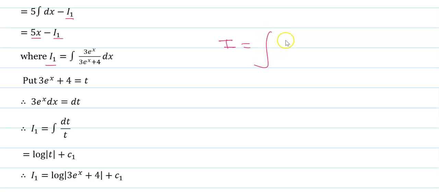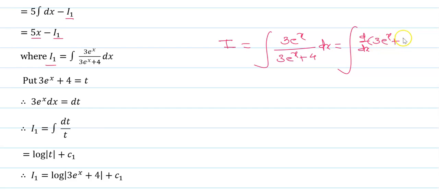See this here. The integral of 3 e raised to x upon 3 e raised to x plus 4 into dx, this equals d by dx of 3 e raised to x plus 4 upon 3 e raised to x plus 4 into dx.